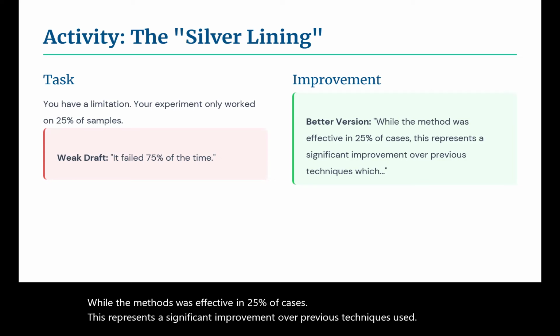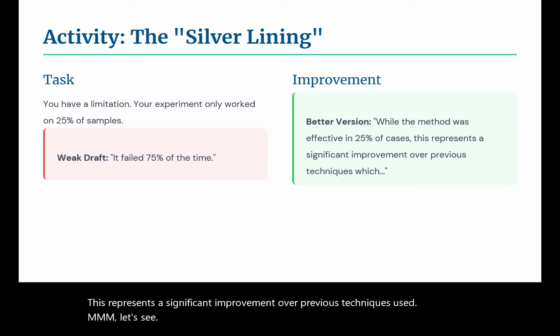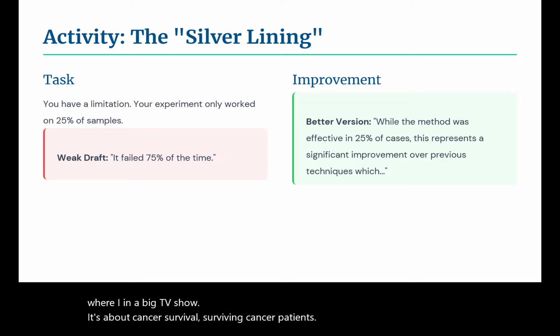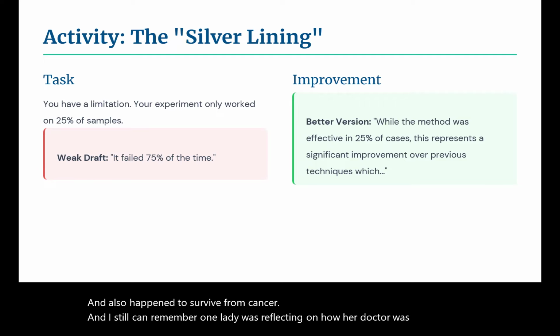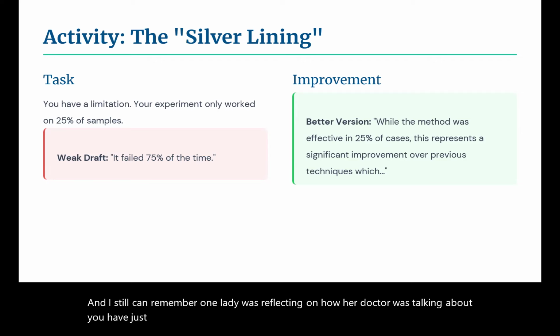You see, this reminds me of one of the anecdotes. In one of the interviews, I can't remember where, in a big TV show about cancer survival, cancer patients and those who happen to survive from cancer, I still remember one lady reflecting on how her doctor was talking about you have just 2% chance of living, right?